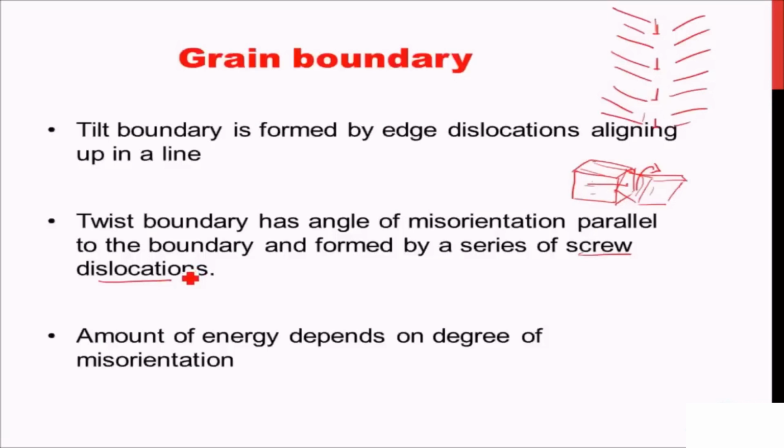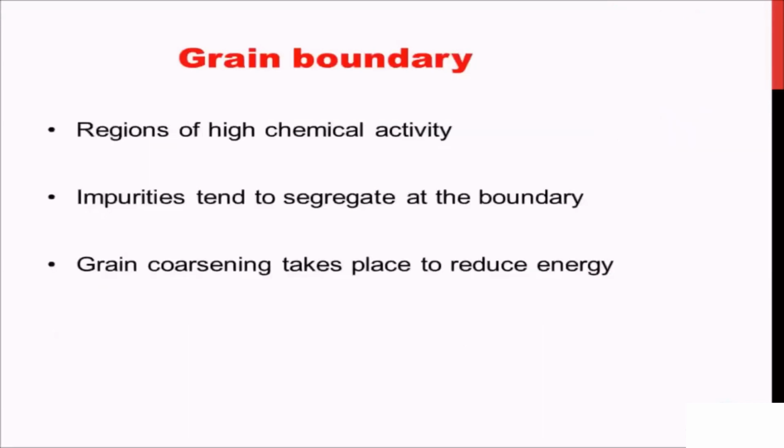And obviously the amount of energy present in a grain boundary depends on the degree of disorientation. The larger the degree of disorientation, the more dislocations are needed to take care of the misorientation, and the more energy there will be in the grain boundary. Fine. Now as I said, grain boundaries are regions of higher energy because there are defects present.